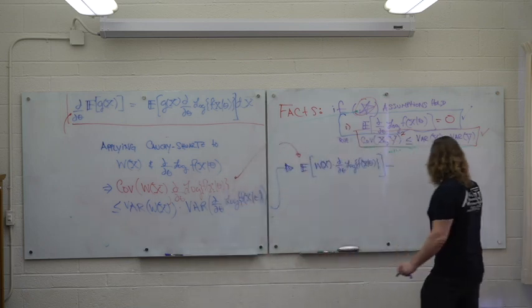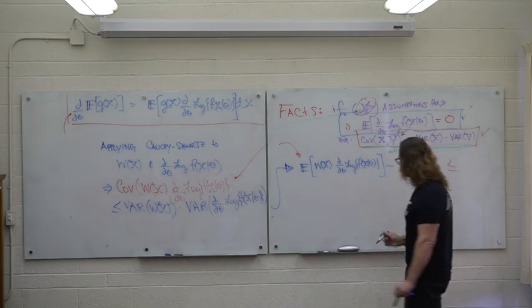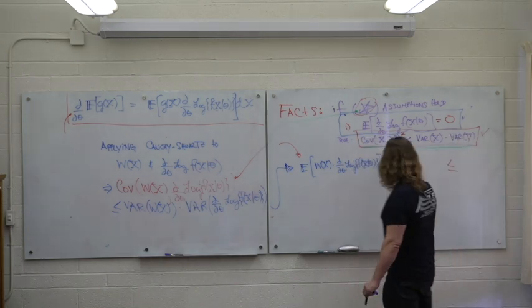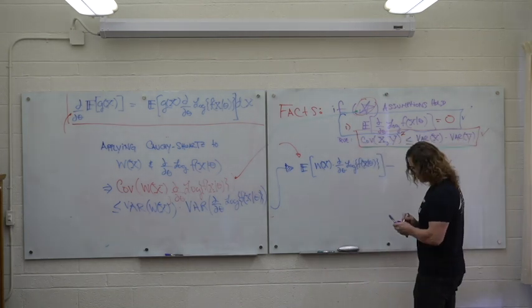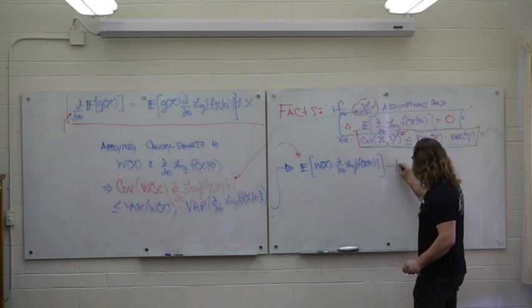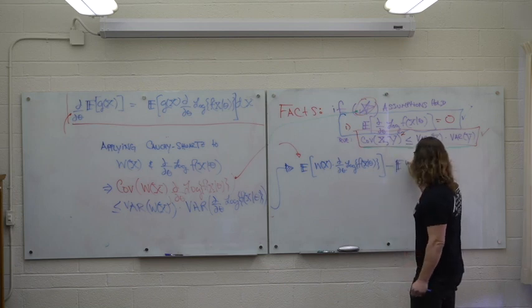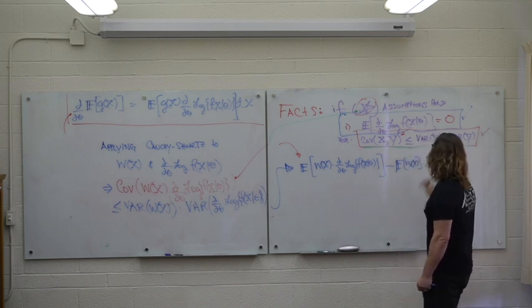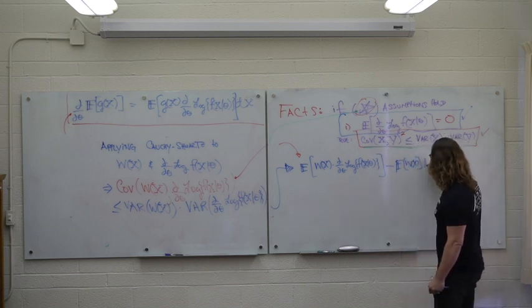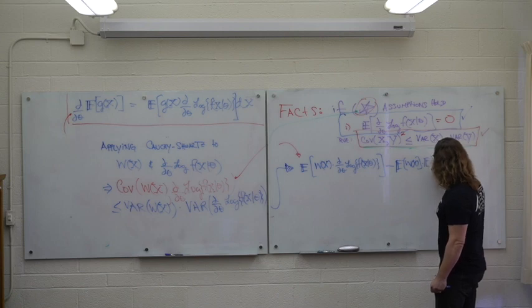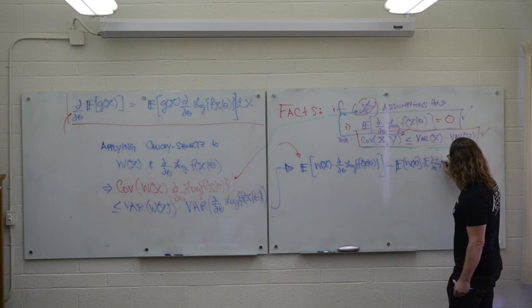And then I'll end up writing my bound over here. Just 1 second. Minus the expectation of W(x) times the expectation of derivative log f(x given theta).